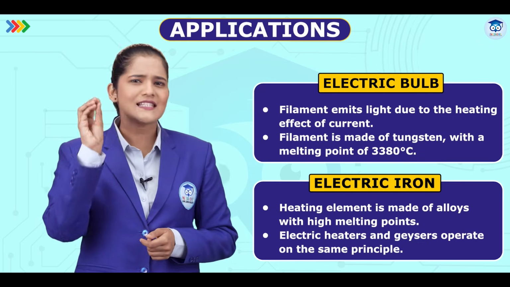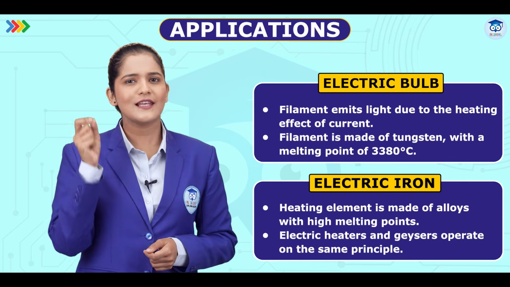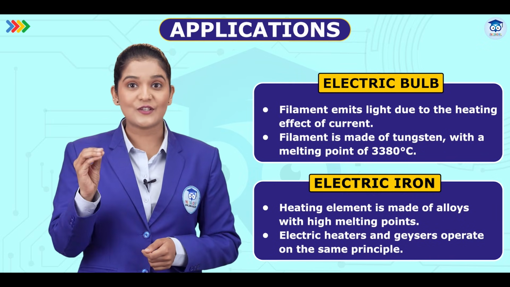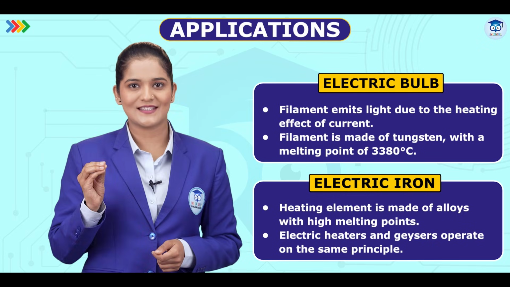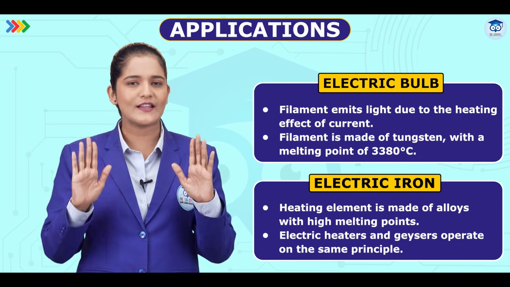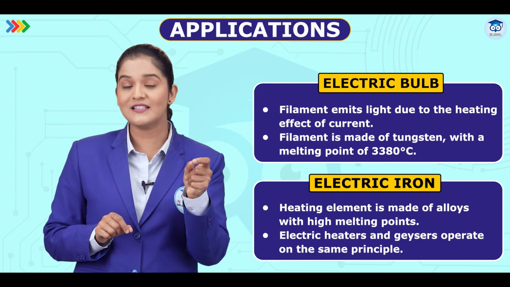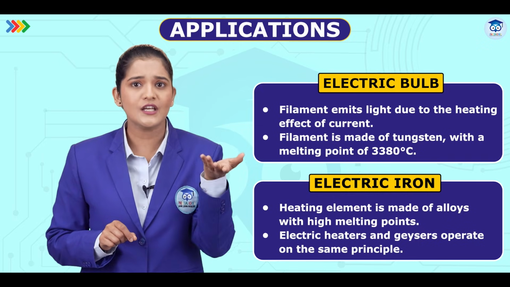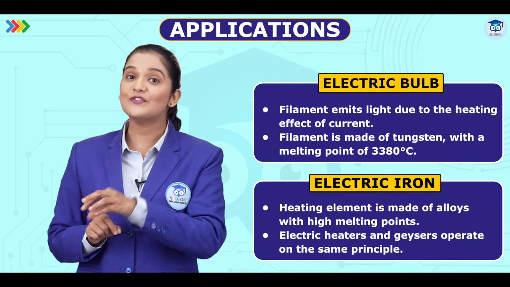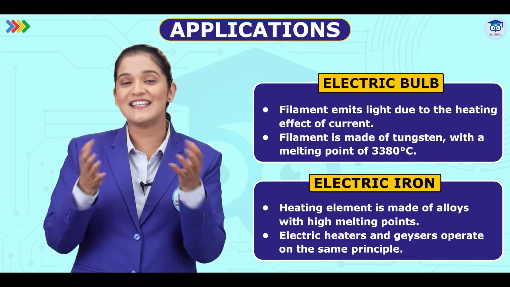This filament is typically made of tungsten, a material chosen for its high melting point of approximately 3380 degrees Celsius, which allows it to withstand extreme temperatures without melting. As electric current passes through the filament, it heats up to the point where it begins to emit visible light, thus converting electrical energy into both heat and light energy.